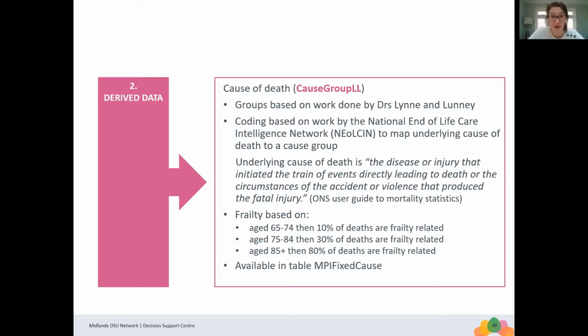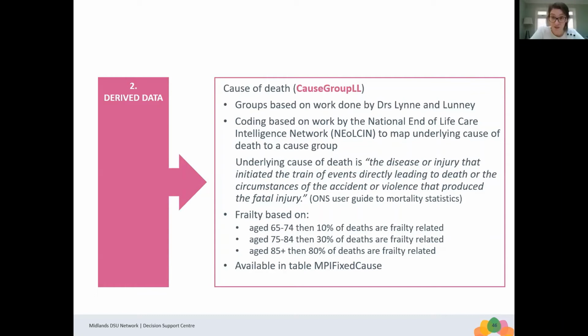Their work's actually based in America, so the American data is very different to what we have in this country. So we also utilise some work done by the National End-of-Life Care Intelligence Network that allows us to take the UK data and put it into the Lynn and Lunny groups.